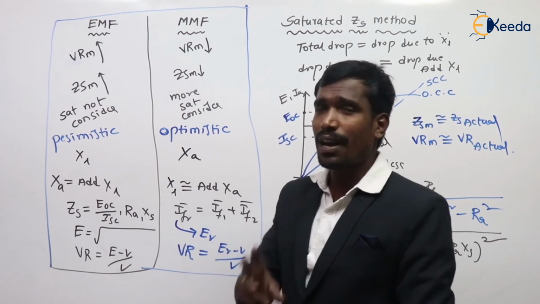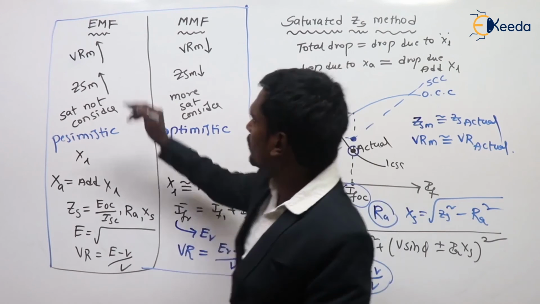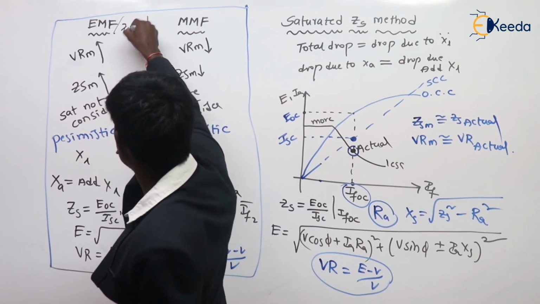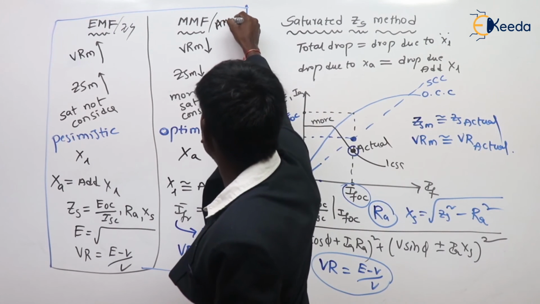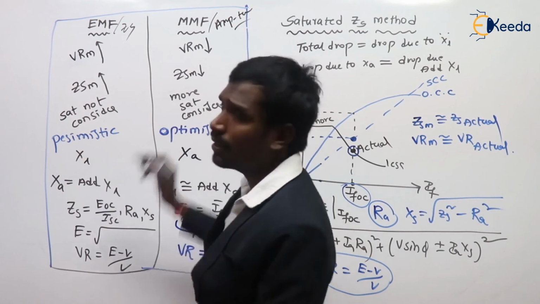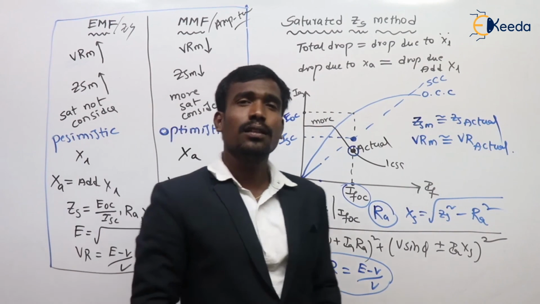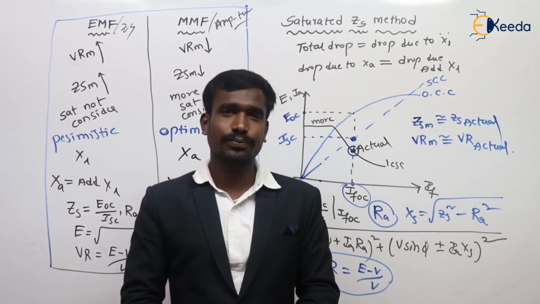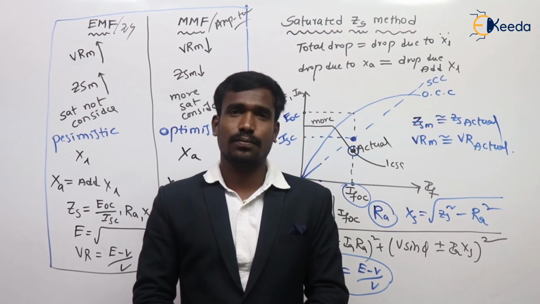On the board we have three methods: the EMF method, which is also called the synchronous impedance method, the MMF method, which is the ampere turns method, and the saturated synchronous impedance method. This is the first part of the indirect voltage regulation methods.